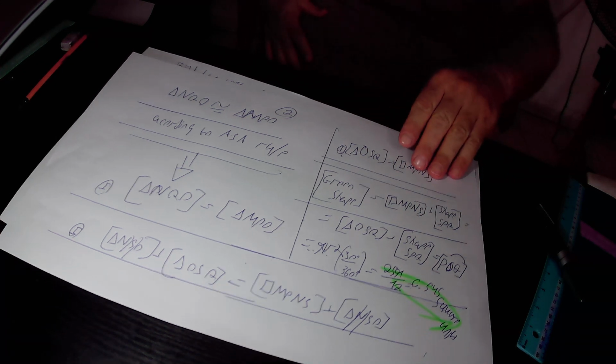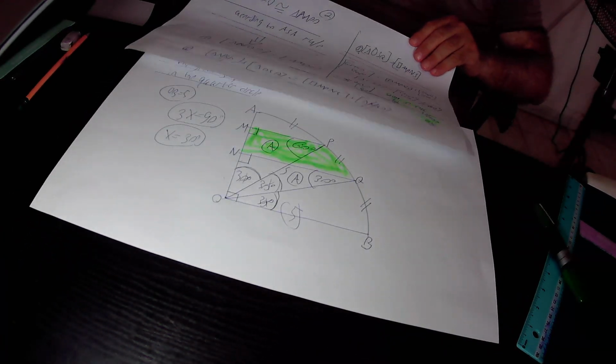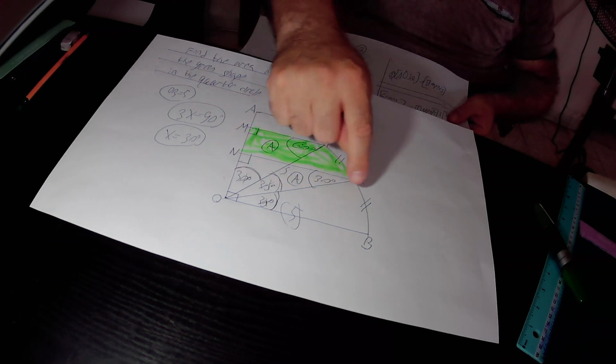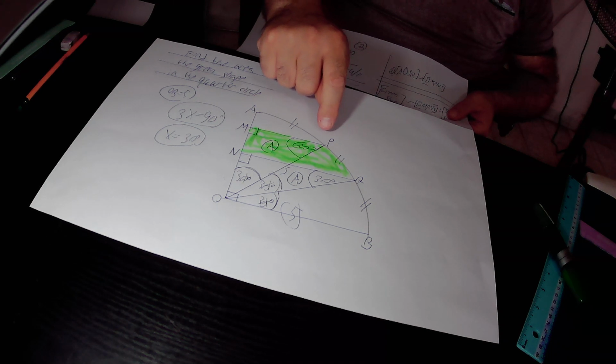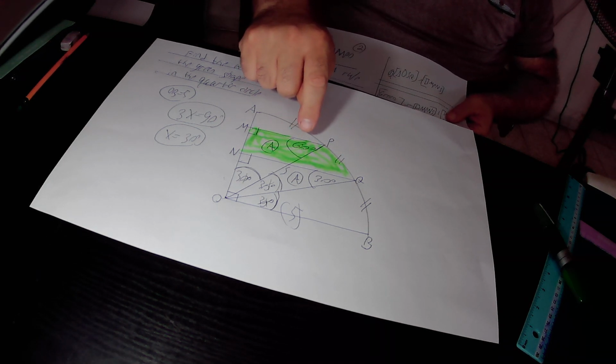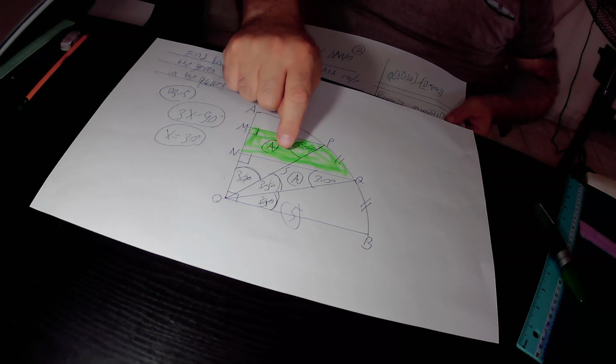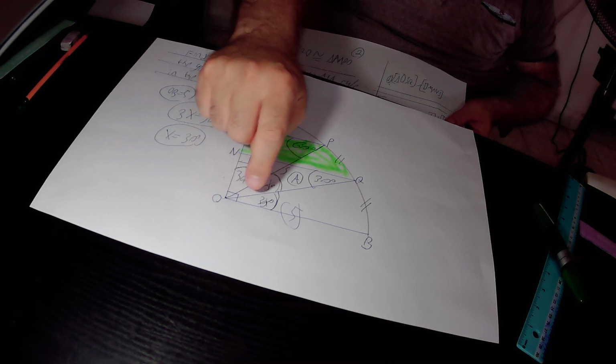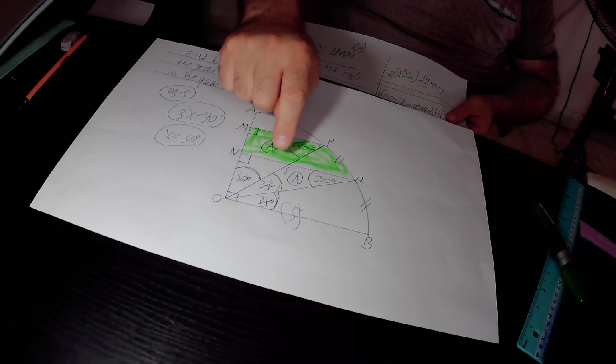So the area of the green shape in total equals the area of this small white triangle SOQ plus the area of this green shape SPQ.